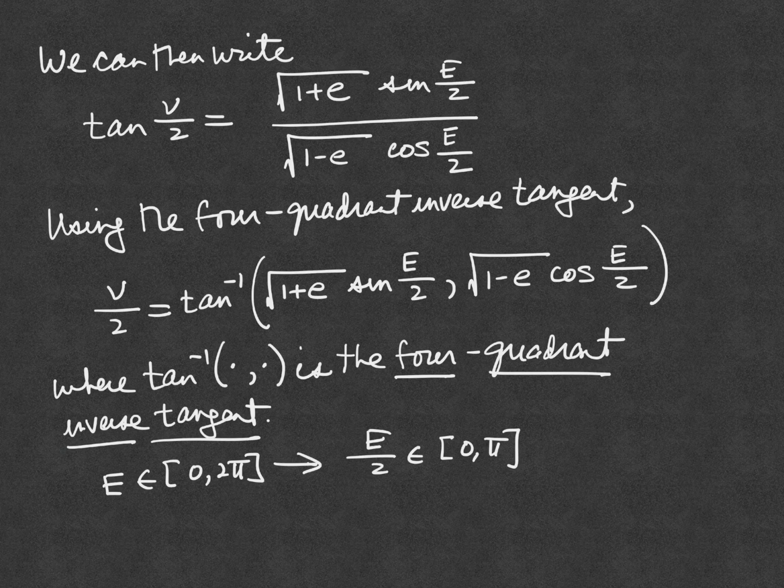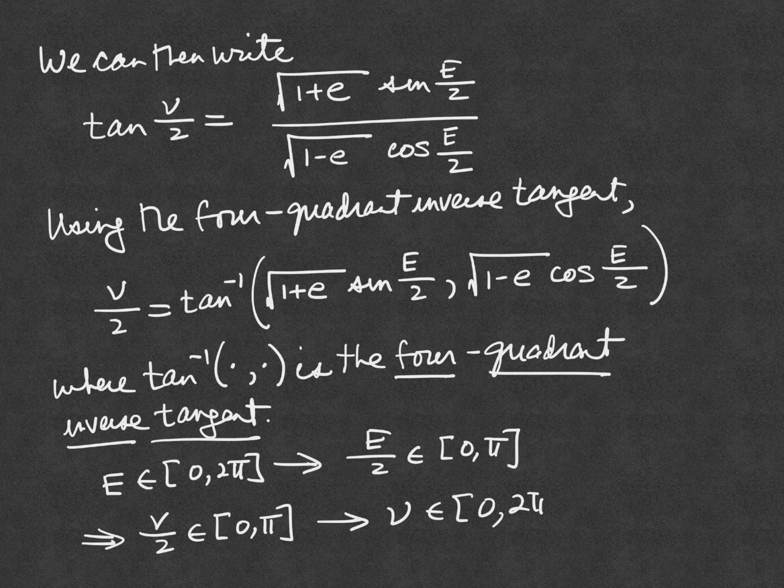Now, given that it's in the first and second quadrants, that means that the angle nu over 2 is going to be on 0 to pi, which implies, once I multiply by 2, that nu is going to be on 0 to 2 pi. So this actually works out very nicely.